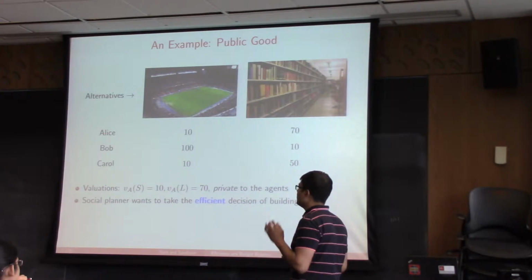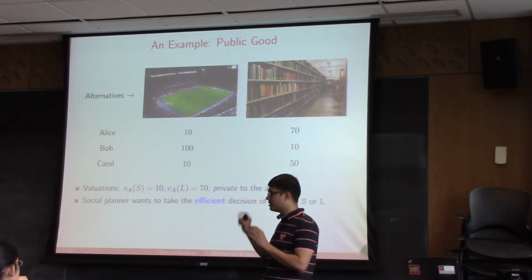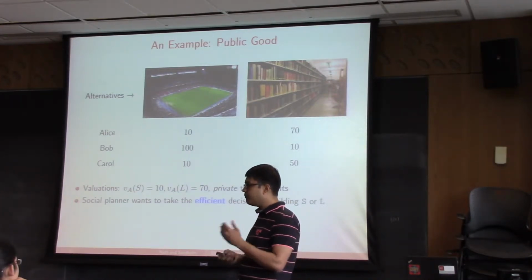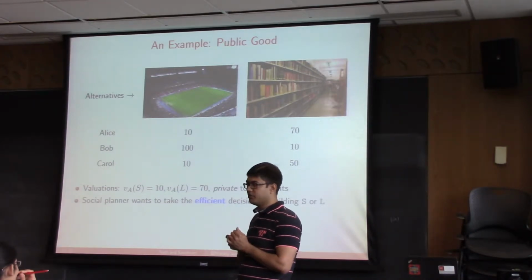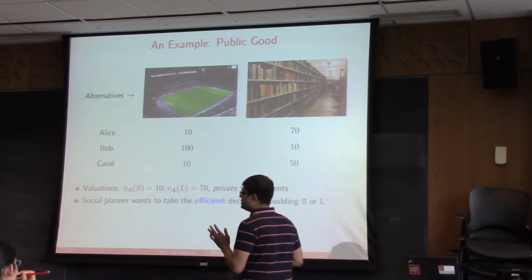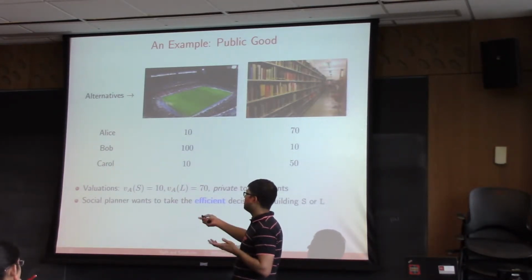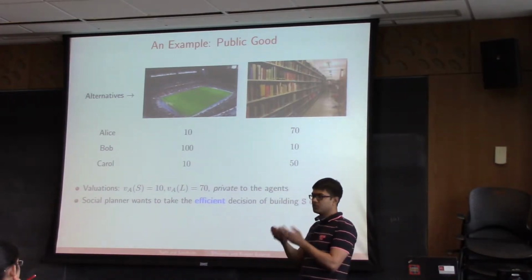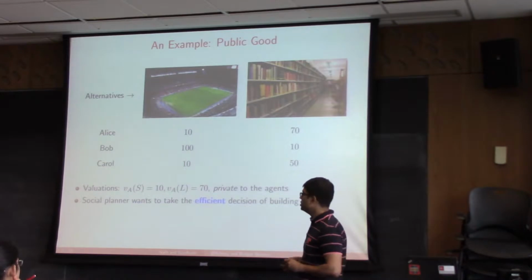On the other hand, the planner can say, well, I'm going to pick Bob or Alice or whoever, with a certain probability, and decide in favor of his favorite alternative. That is a mechanism we'll call the dictatorial mechanism, and that is also very obviously truthful, because the person who is the dictator has no reason to lie since his favorite outcome is chosen, and the others cannot change the outcome anyway.